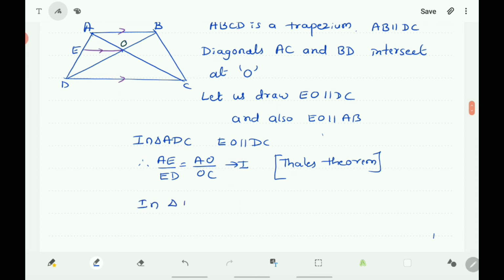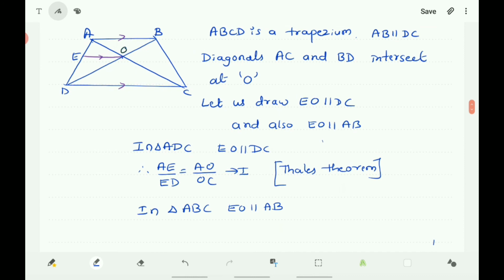Now take triangle ABC. In triangle ABC, again EO is parallel to AB. Again this line EO must divide AD and BD in the same ratio as it is parallel to AB.